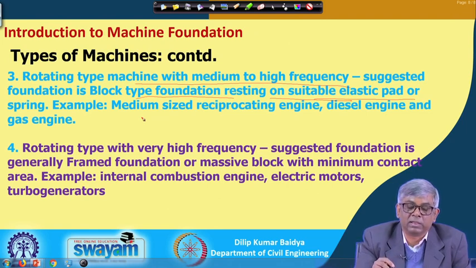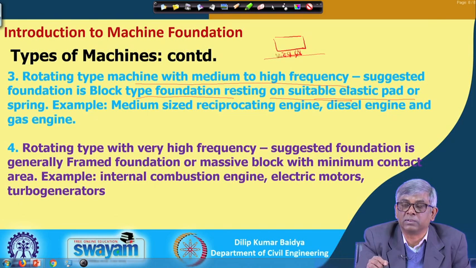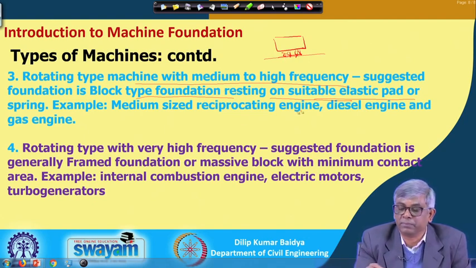Because of that, below the block foundation one can keep some spring or some absorber, and then it can be constructed. That will help to reduce the amplitude. So it will again be a block with some absorber below it.